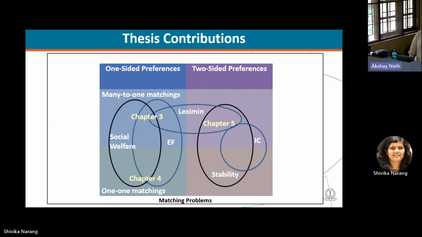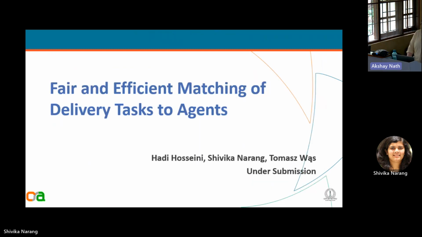And finally, in the last technical chapter, we look at fractional one-one matchings. I will define all these terms and focus on mechanisms that return stable matchings and are also incentive compatible.